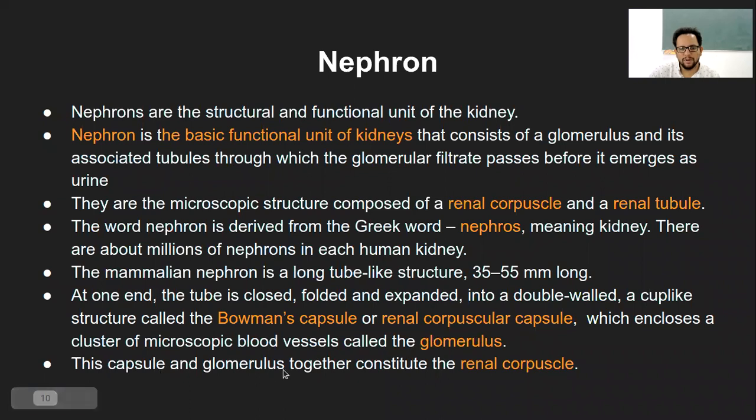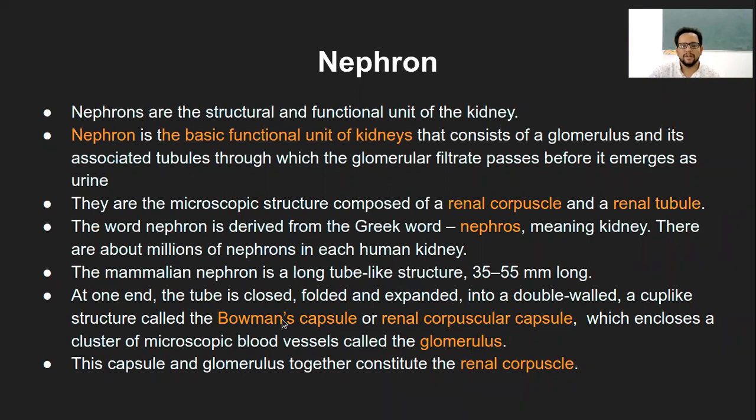This capsule and the glomerulus together make up the renal corpuscle, which is the first part of the nephron. So the nephron is divided into two, renal corpuscle and renal tubule, right? The renal corpuscle consists of glomerulus and Bowman's capsule.